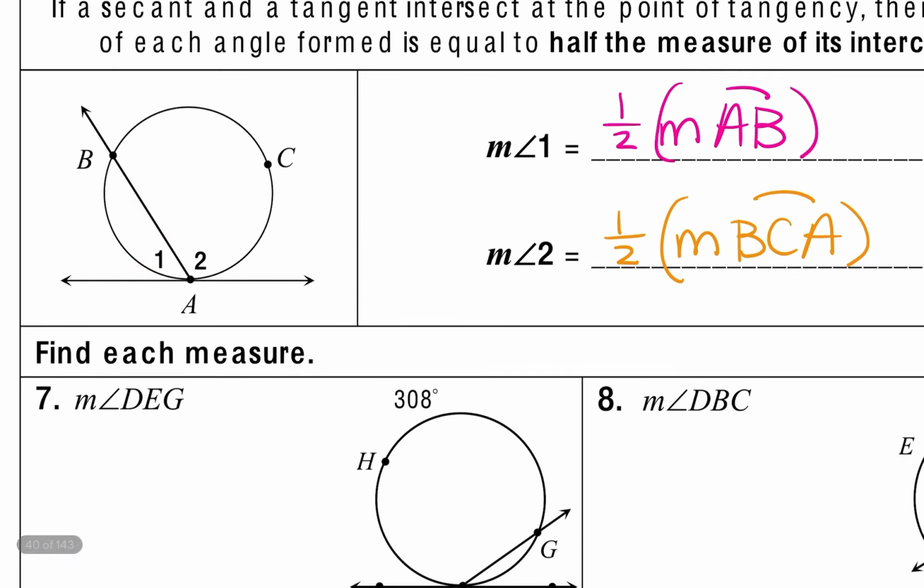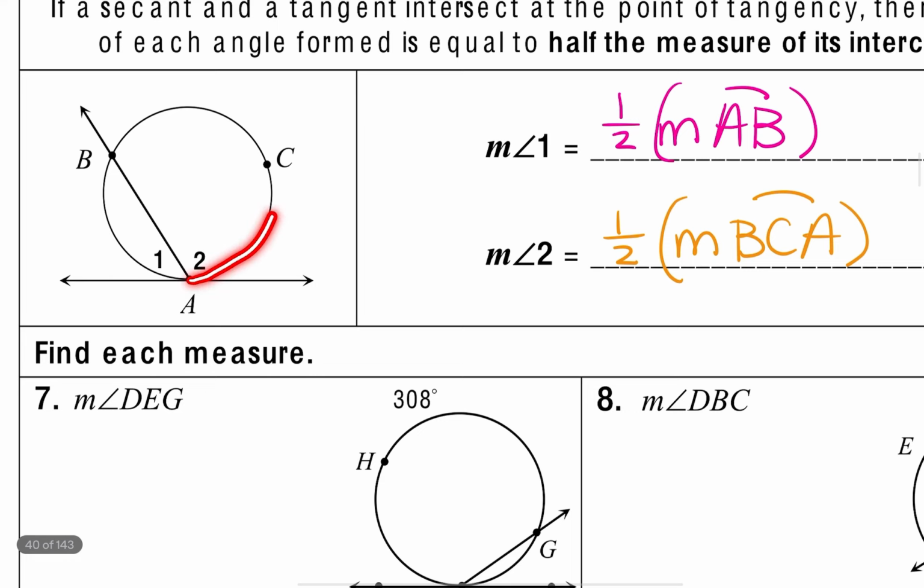right, you're going to have to take half of this arc. Okay? So this angle would correspond to this arc, half of the arc. And then to find the measurement of angle 2, you would have to take half of this arc. Okay? So that's for this angle.